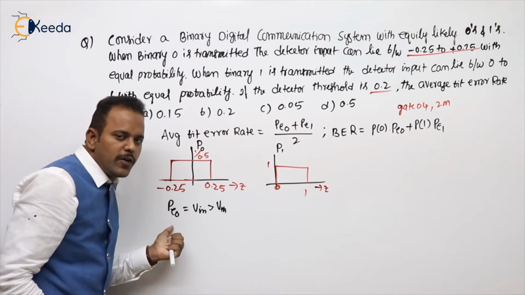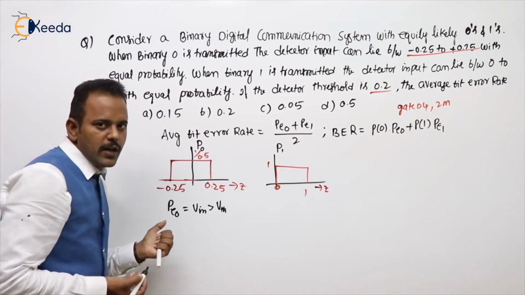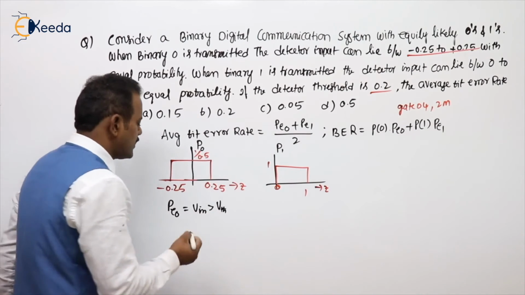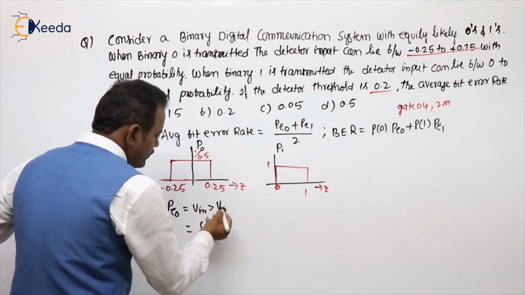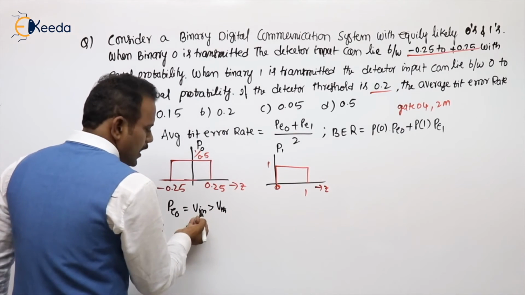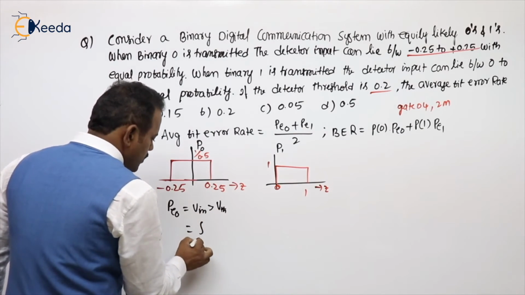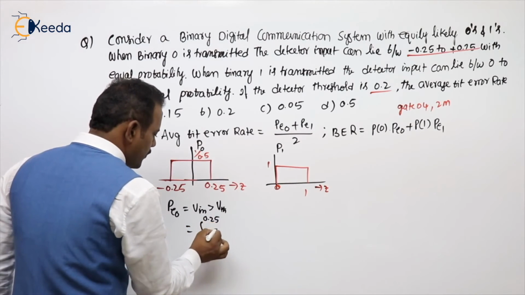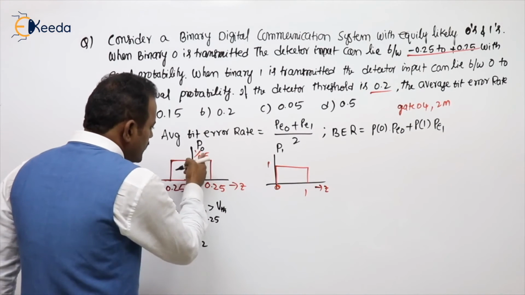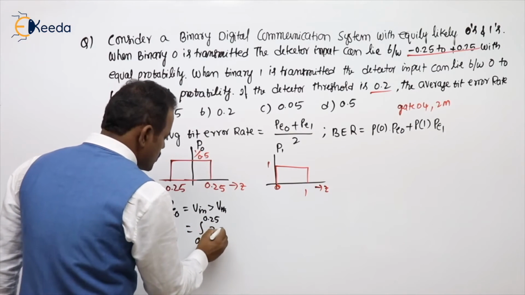So probability of error for 0 means, in the calculations we saw, input greater than the threshold, means integrate from threshold to infinity. Are you getting my point? So threshold is 0.2 to infinity, but it exists only up to 0.25, into what is this value? 1 by 0.5 means 2.